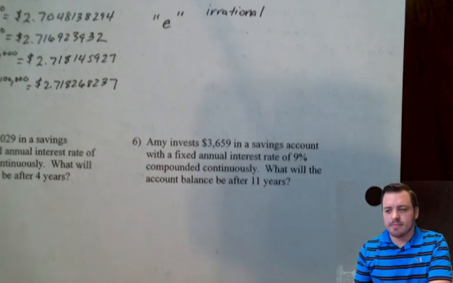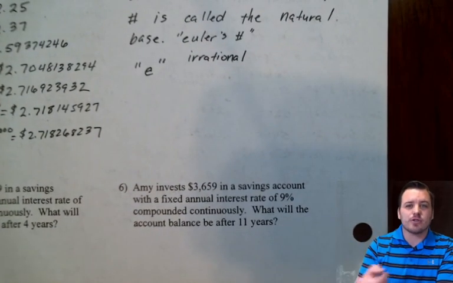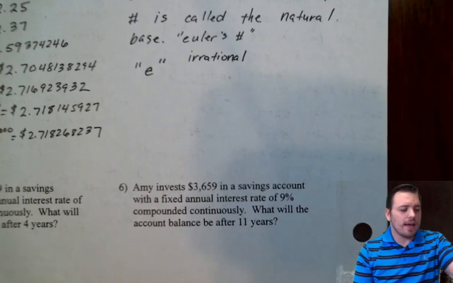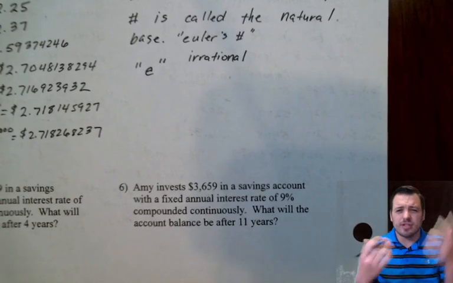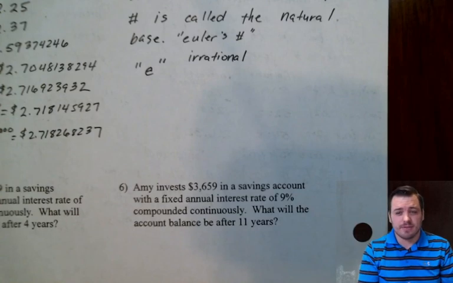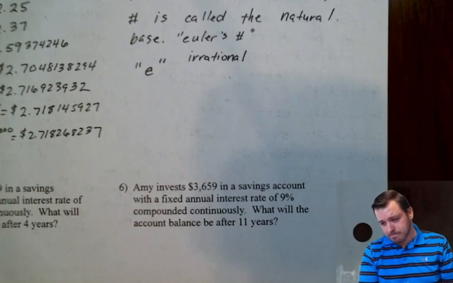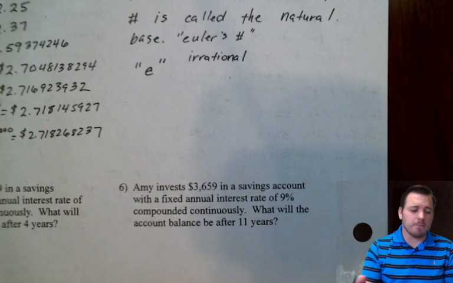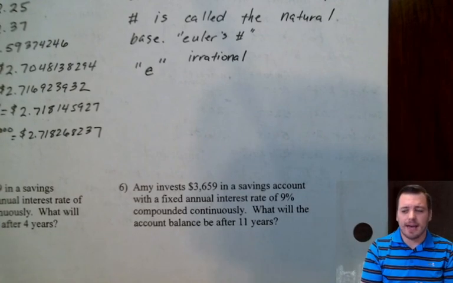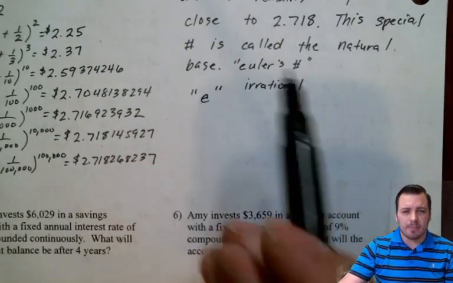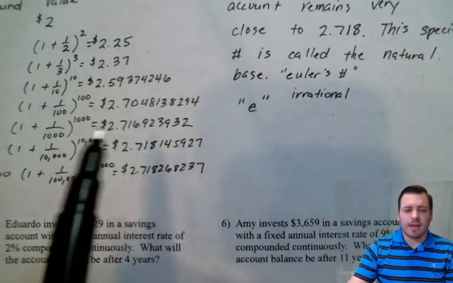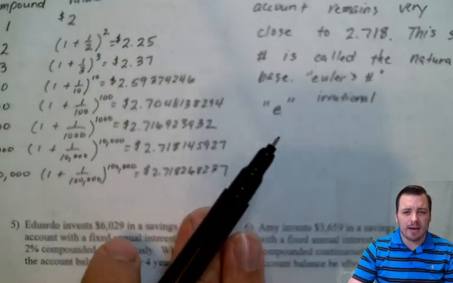So, looking at e, okay? e is an irrational number as well, and it can be used in different things, just like pi can be used in different things. But most of the time, where you're going to see e is when you're dealing with continuous compound interest.